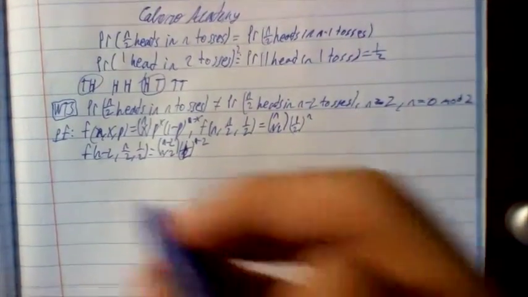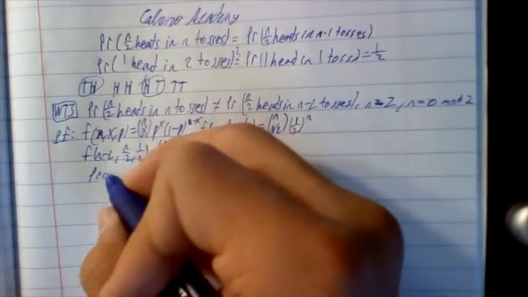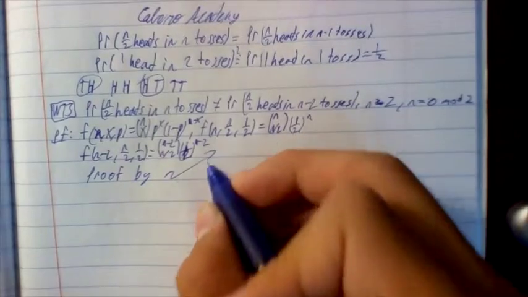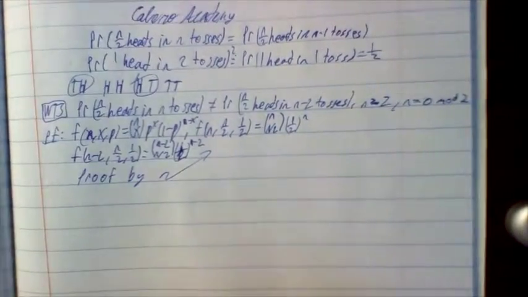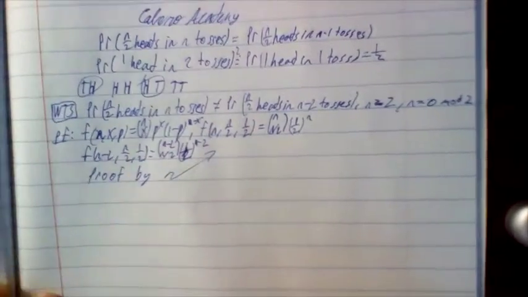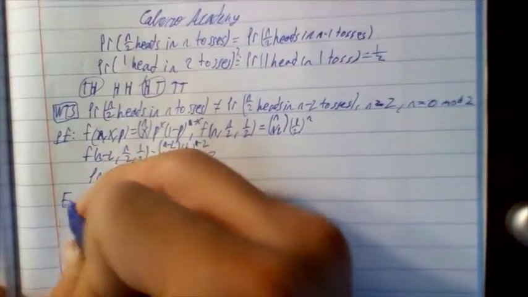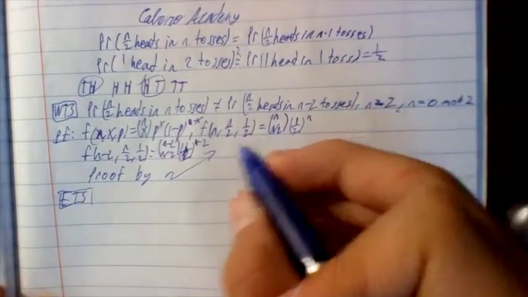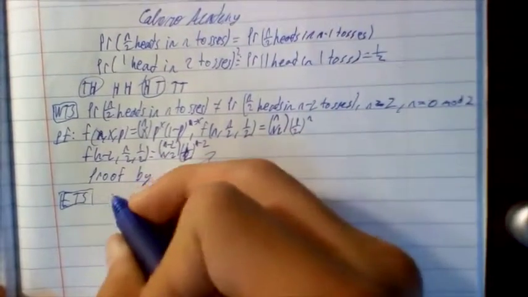So, let's do a proof by contradiction. Proof by contradiction. So, if these were really true, if these were actually equal to each other, then this would be equal to that.